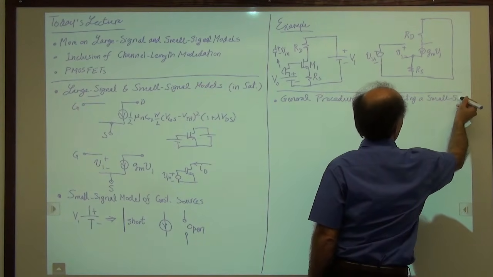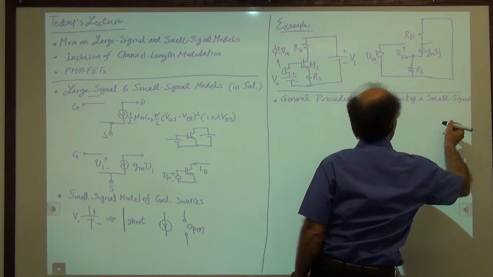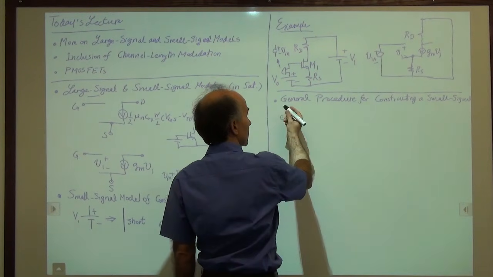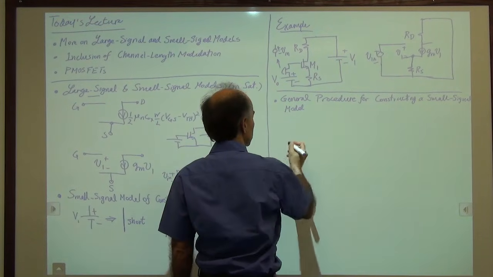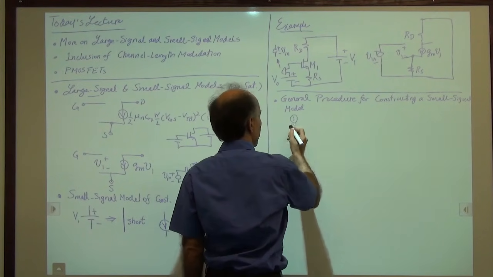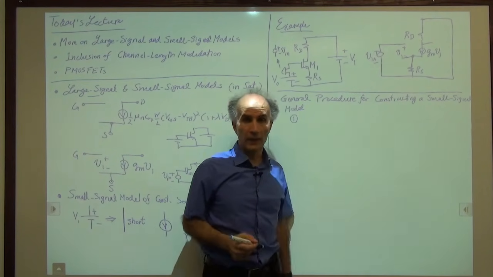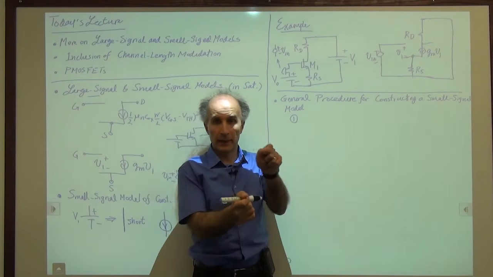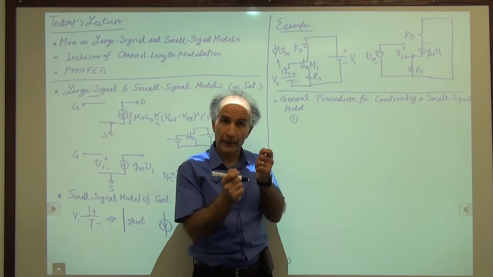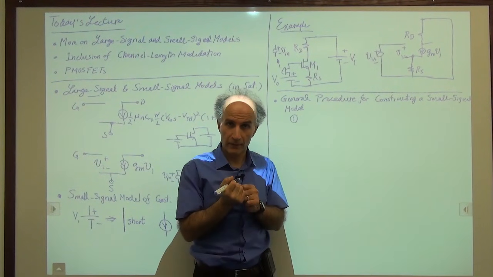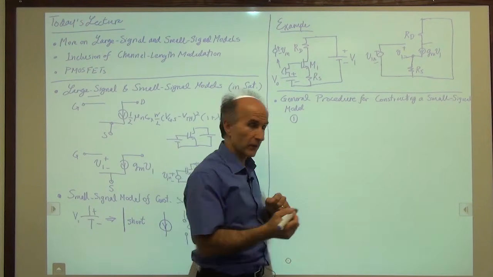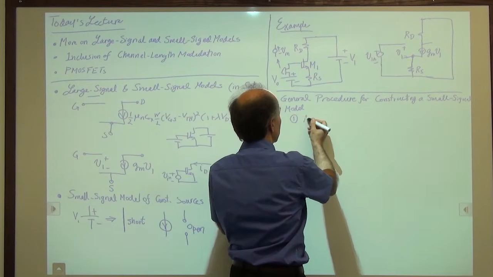Any device you are interested in, you can follow this procedure to build a small signal model for. All right, so in the first step, what we do is we take two terminals, any two terminals we want, and apply a voltage difference between these two terminals.